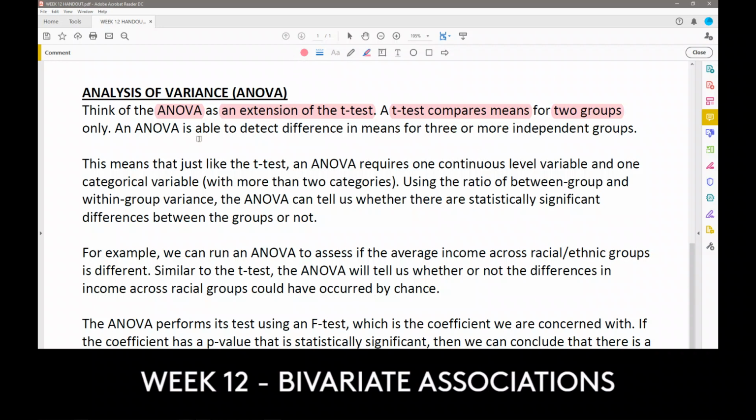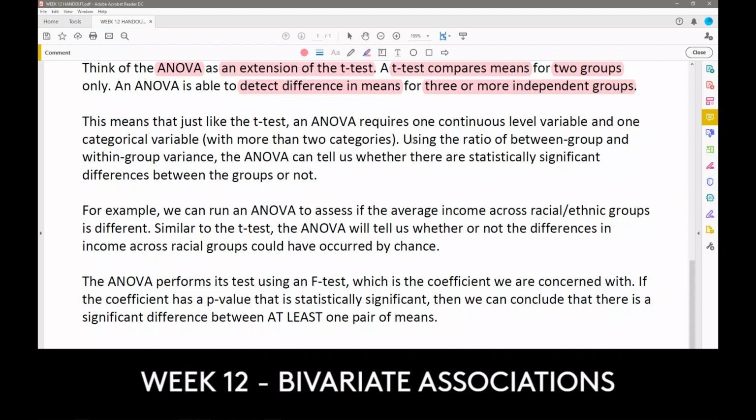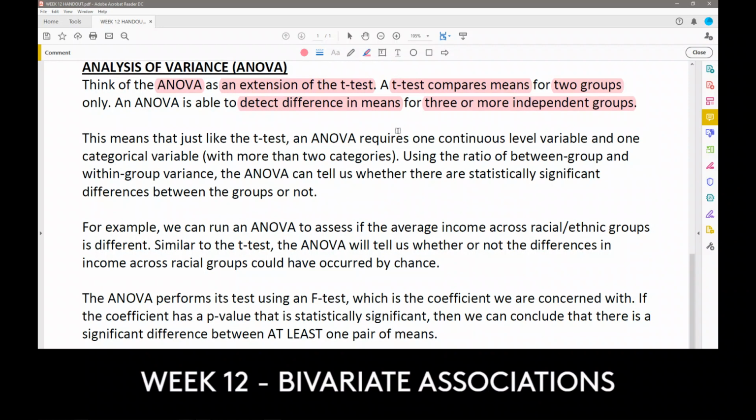Okay, however, an Anova does a similar thing, so it detects differences in averages, but it's able to look at those differences in the averages for three or more independent groups. This means that we can use categorical measures with more than two categories in an Anova, and we can test the average level of whatever we're looking at across those groups within the categorical measure.